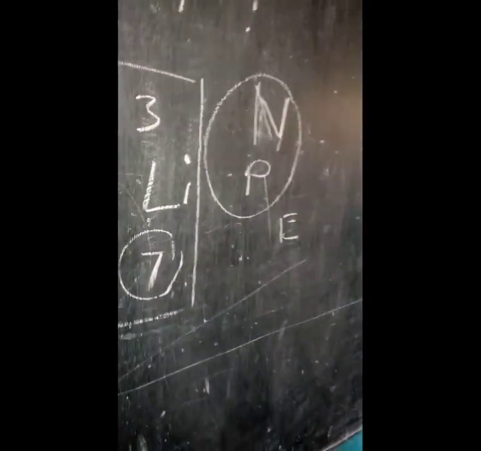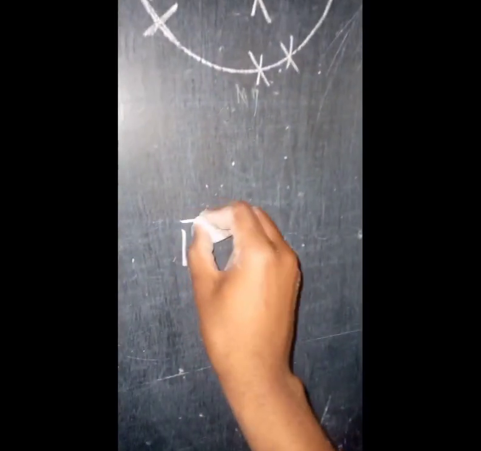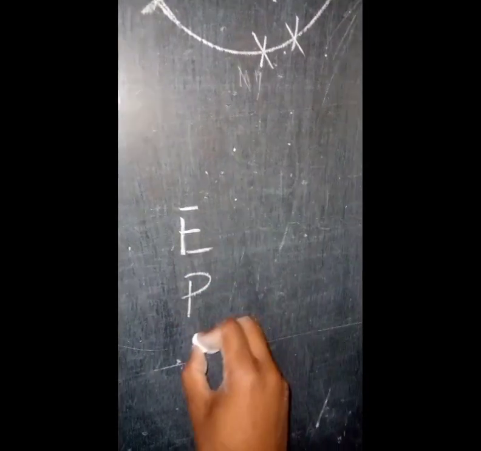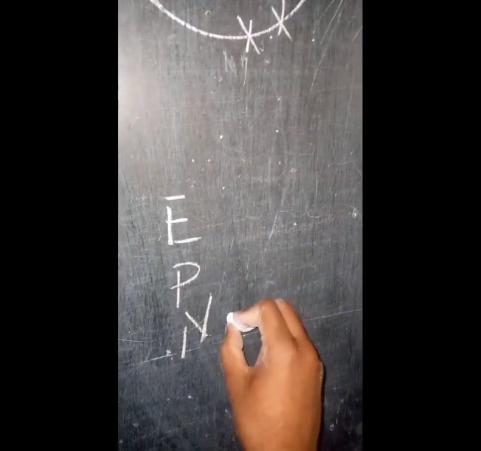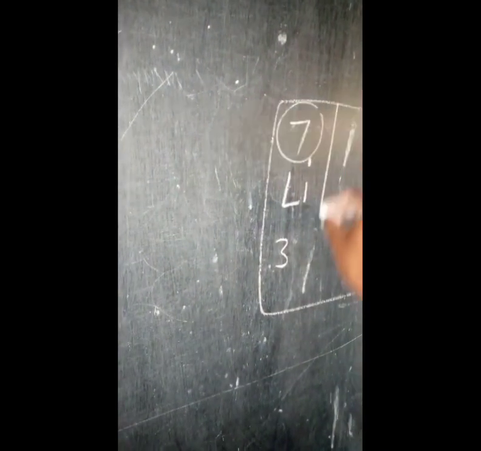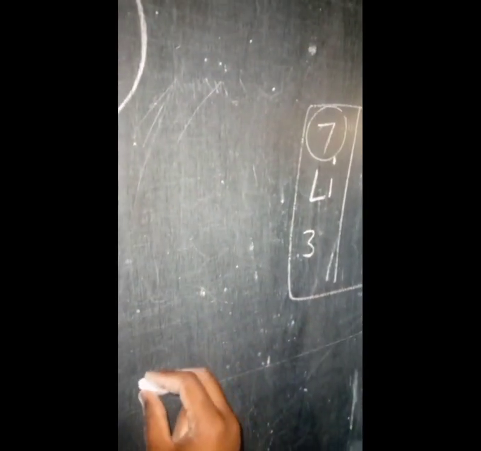So what I'm trying to say is, if you're asked to determine the number of electrons, the number of protons, and the number of neutrons in an atom, what you do, for example, in the case of the same lithium, you should say electrons are this number.